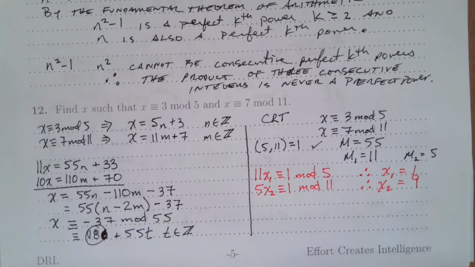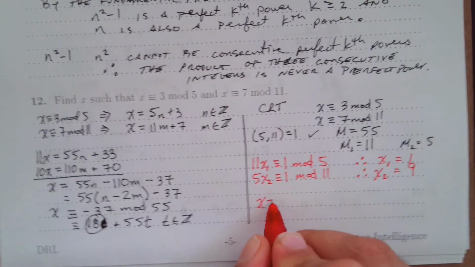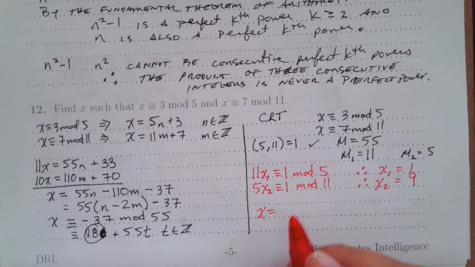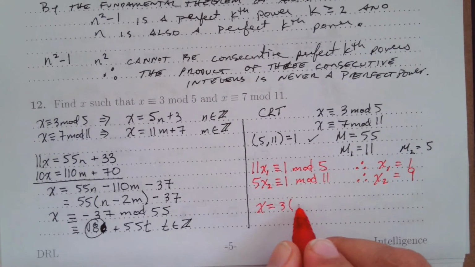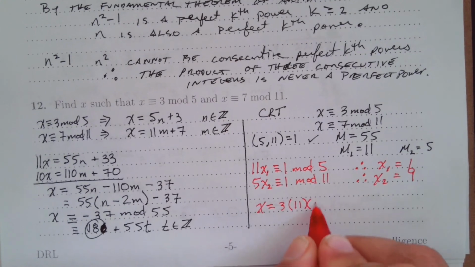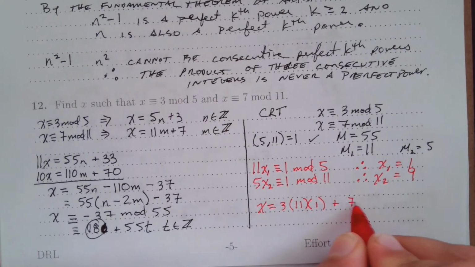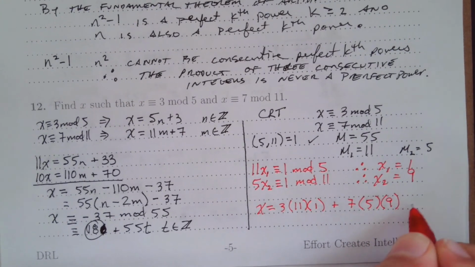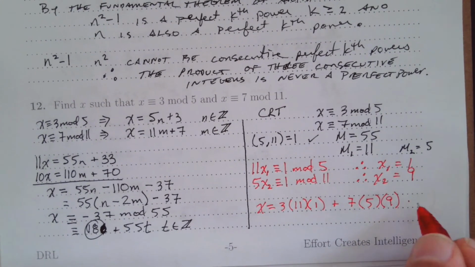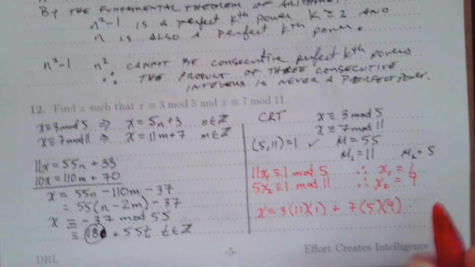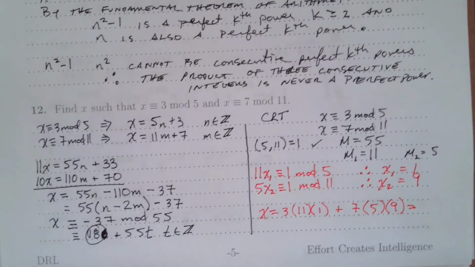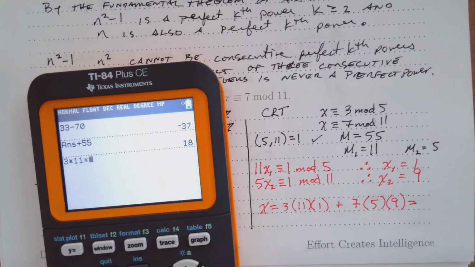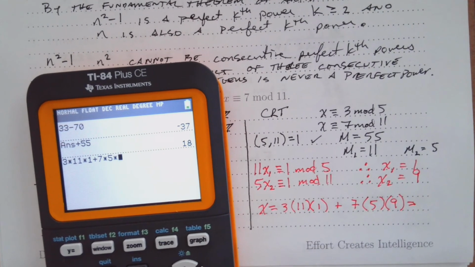So we have our solutions, right? And then our form of the solution is x is going to be equal to 3 times 11 times 1 plus 7 times 5 times 9, mod 55. Let's see here, put this into our calculator, 3 times 11 times 1 plus 7 times 5 times 9.